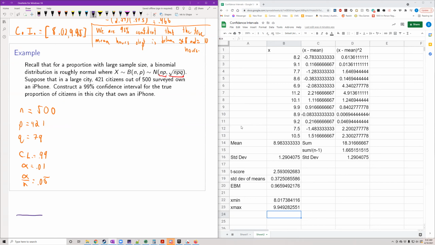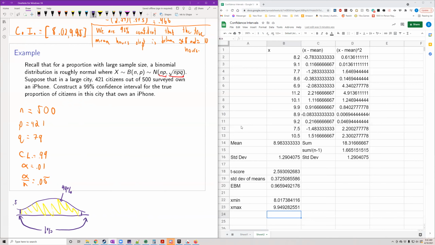Remember once again what this means for our graph: we've got 99% of the data in our given range, which means that 1% is outside of that range, split on two ends.